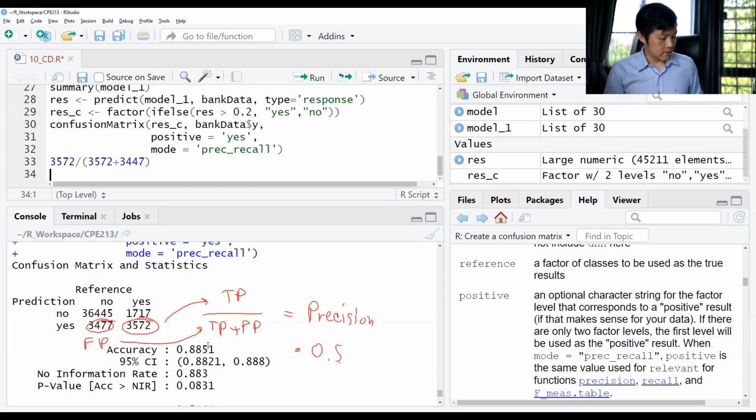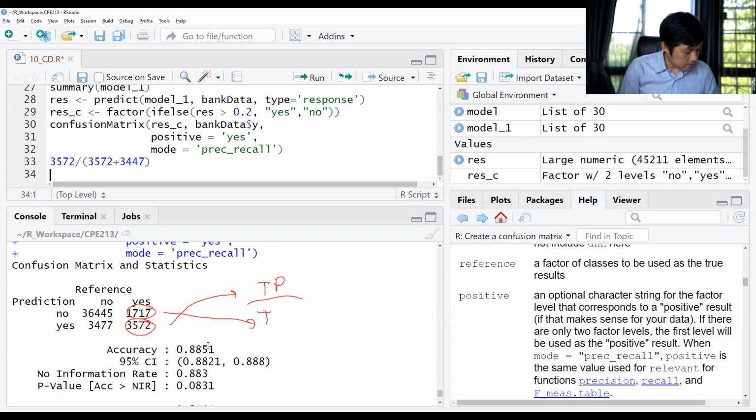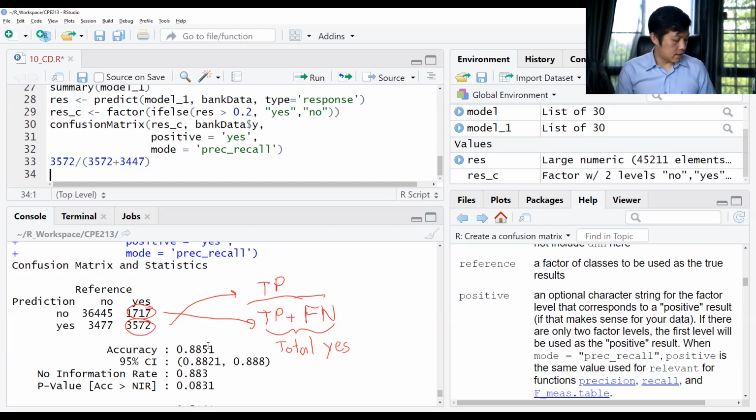And recall as well. For the recall, we use this true positive and divide by true positive plus the false negative, or I would say you can think of this as the total positive cases, the total number of yes, and this is recall.